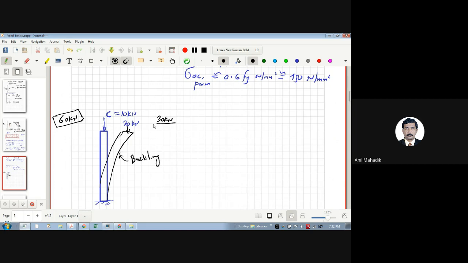That means even though this raw material is having capacity of 60 kilonewton, it could not reach its capacity because it failed at 30 kilonewton force. So it failed due to buckling. Are you getting?